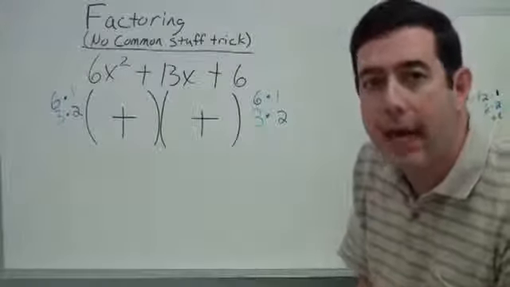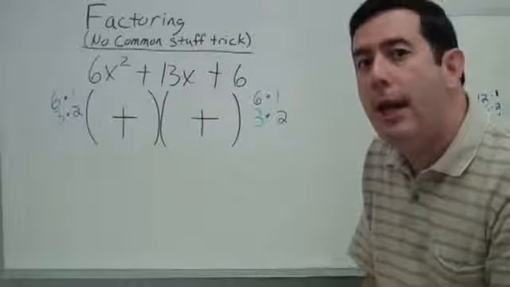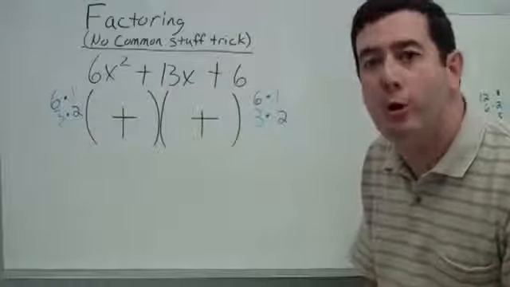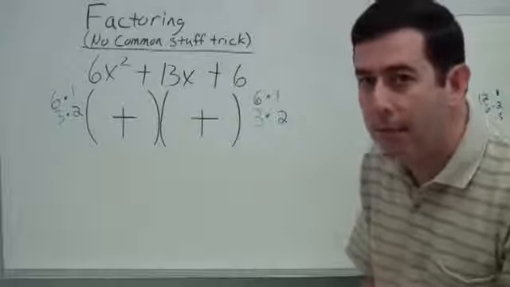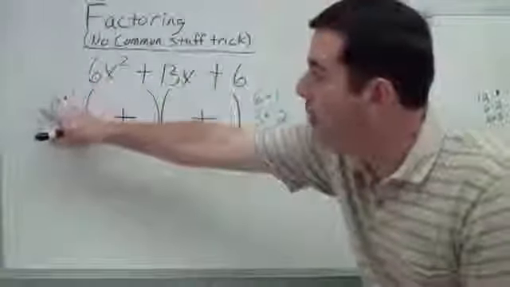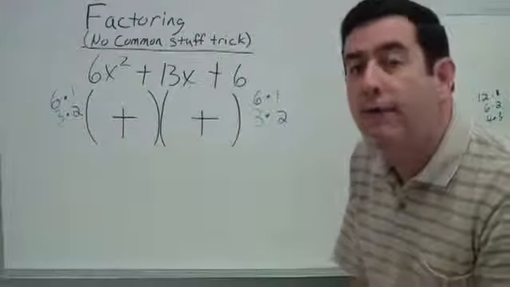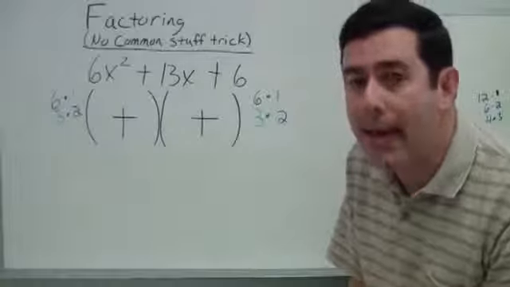Now I need to decide the terms that will go in each set of parentheses. To help us do that, we need to know the factors, things that multiply together to make the 6 on the front. That could be 6 and 1 or 3 and 2. Notice that I have listed these things systematically.